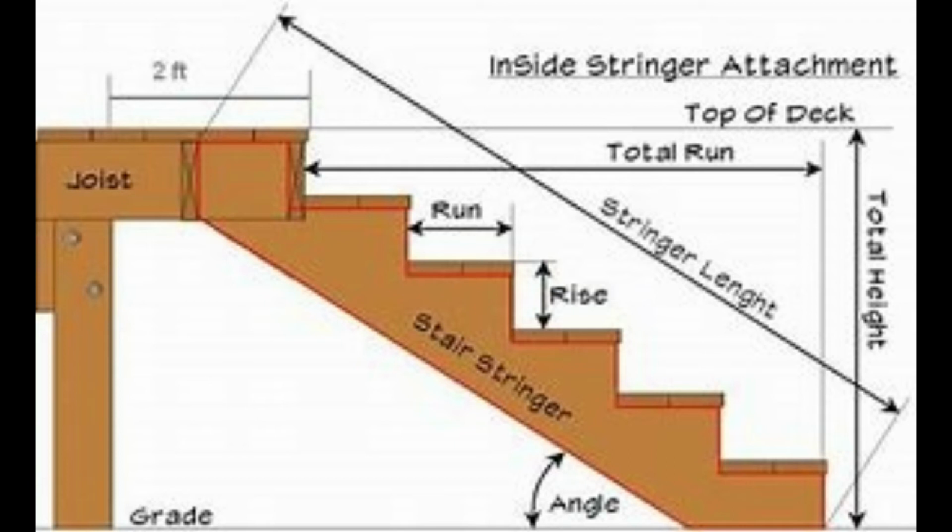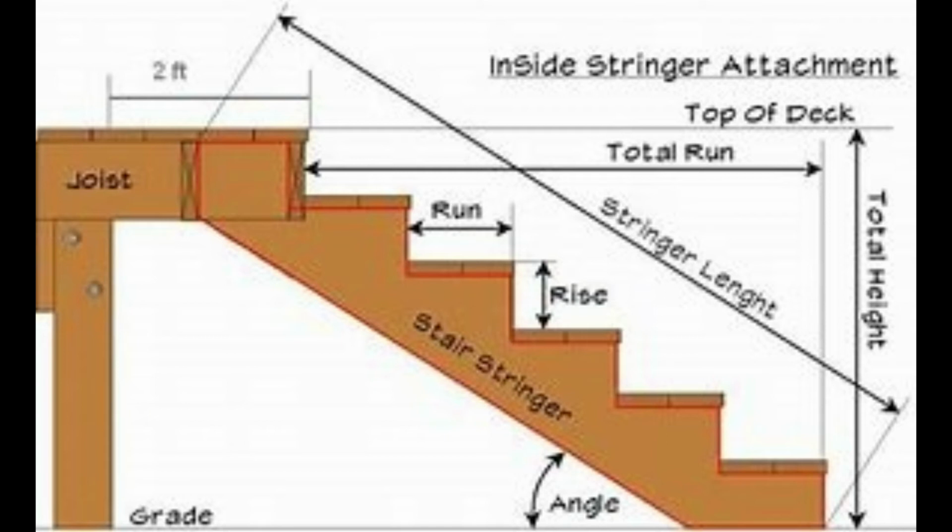Note that it's customary in residential build to build the risers anywhere from 6 inches to 7 3/4, and the run can be from 10 to 12 inches or so.